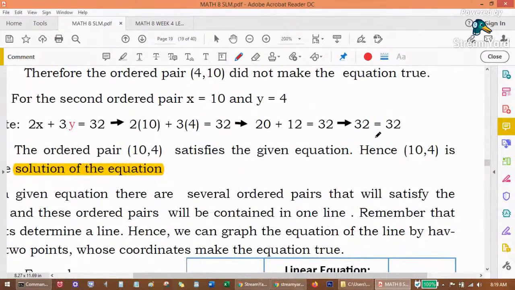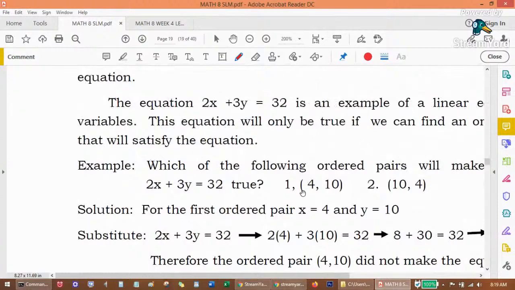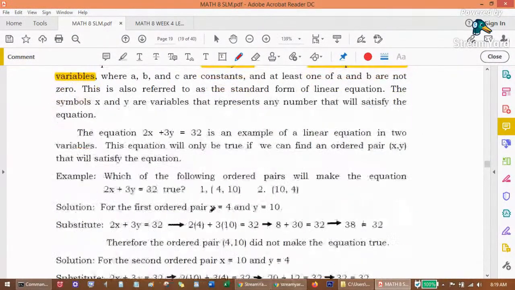So, hence, ibig sabihin sa makatuwid, in Tagalog, sa makatuwid, then x is 10 and y is 4 is called the solution of the equation. So maraming tawag, no? Pwedeng tawaging solution of the equation. Pwede rin tawaging true coordinates.